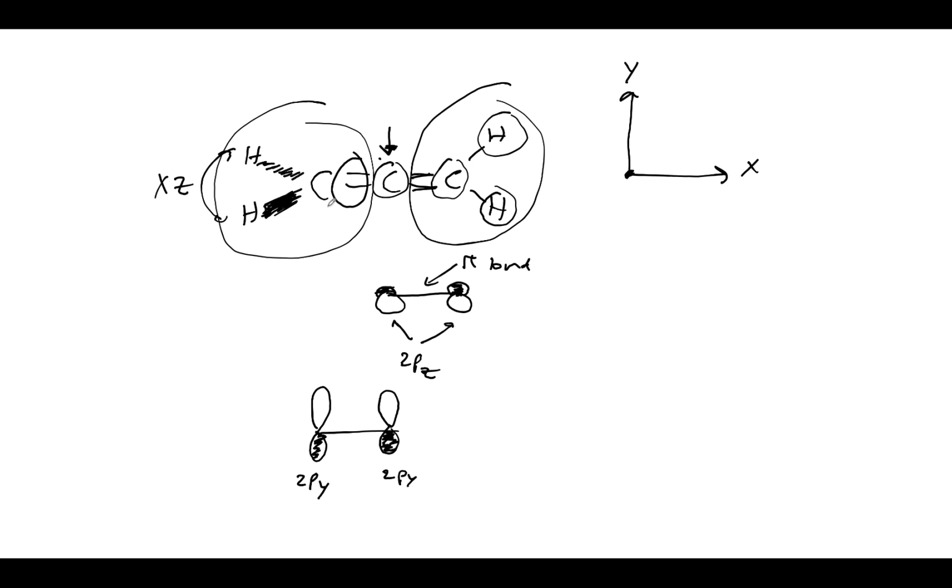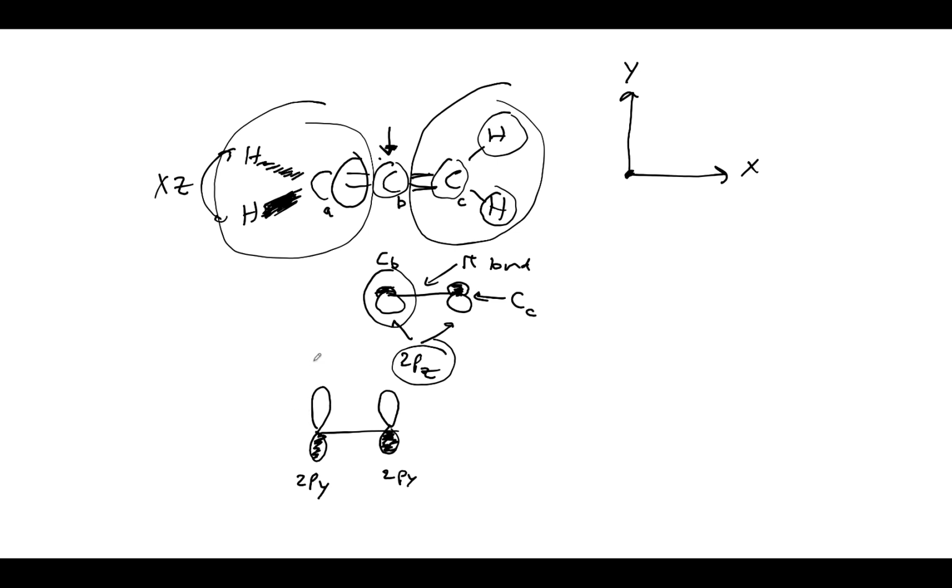I could label this, let's say this is carbon little a, carbon little b, and carbon little c. This one over here comes from carbon b, and this one over here comes from carbon c, right? And these are 2pz orbitals. And then over here we've got the 2py.